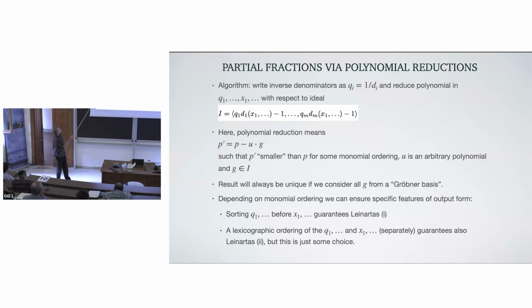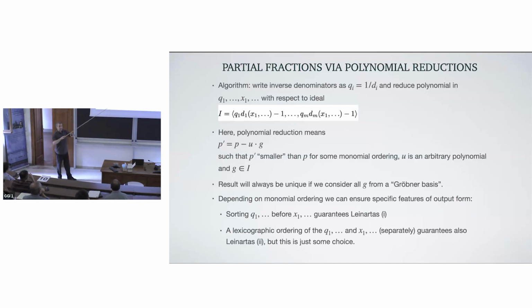And the approach we take here is we define new variables for the inverse denominators. And now we have relations of the type Q, which is the inverse denominator, times denominator minus 1. So you should read this as the whole thing is 0.